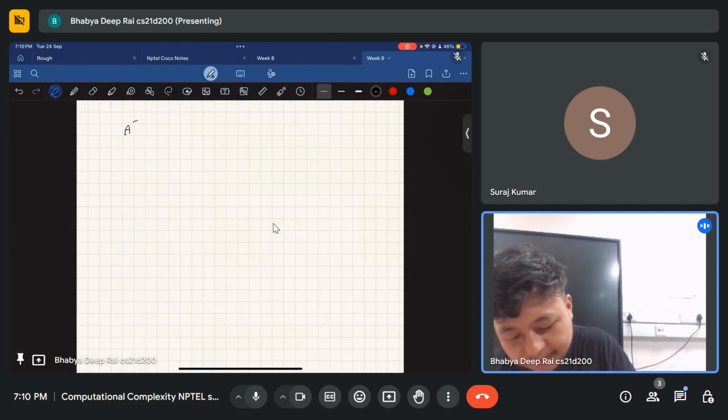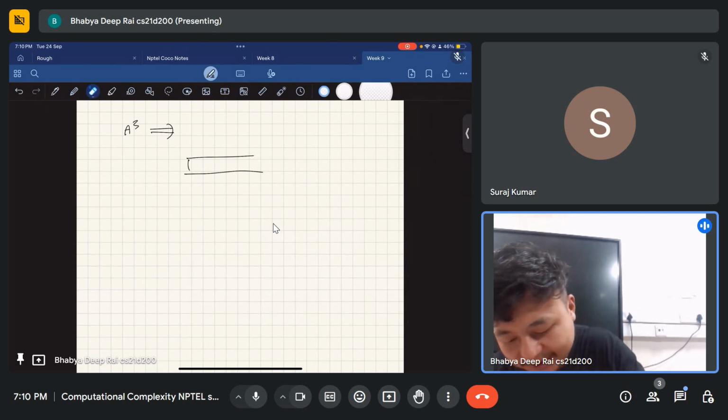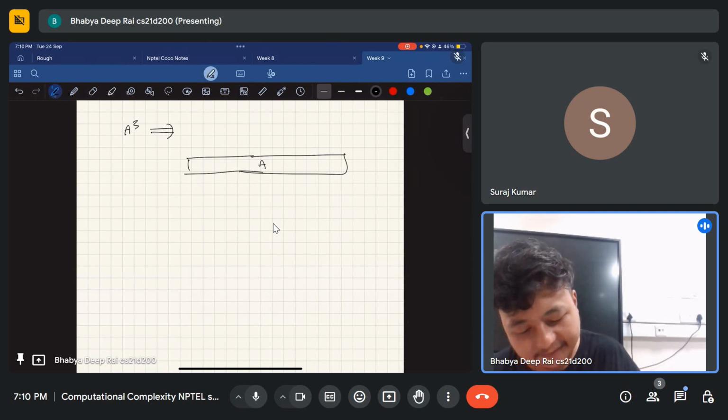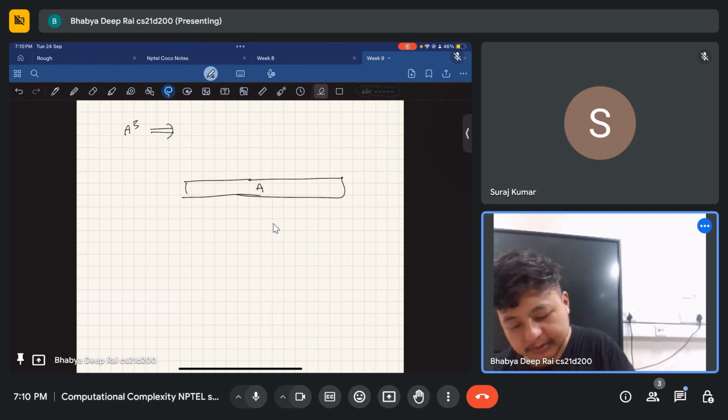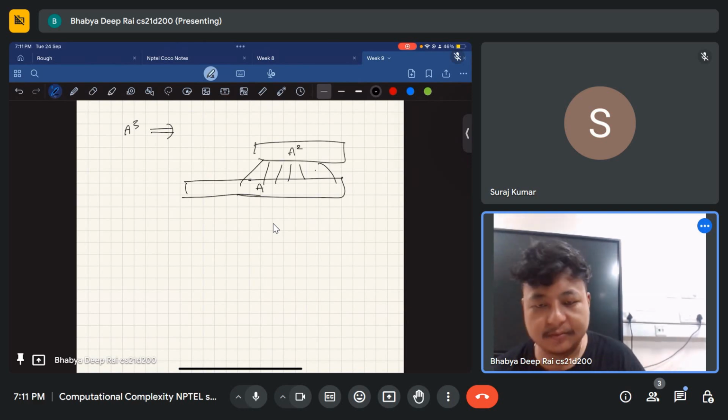Now, how do you do A cube? Again, you have your input, which is the adjacency matrix A of the graph. And then what you do is you compute A square. Okay. And even A square has several computations.